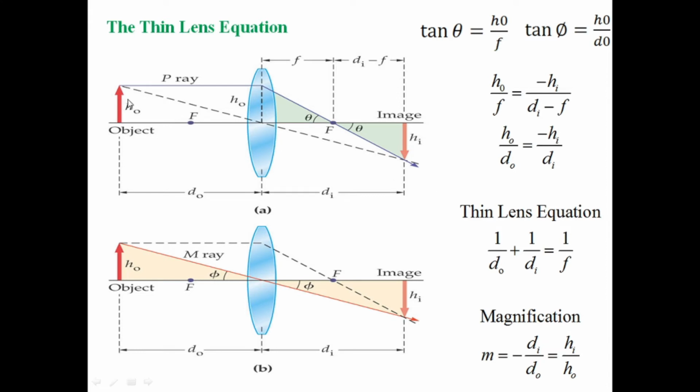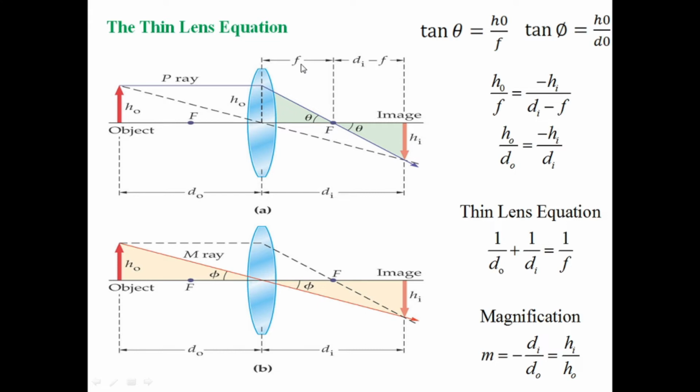Now if this is my h naught, the same dimension is also replicated here. If this is h naught, this is also h naught. According to basic mathematics, if I have an angle theta here, I will have the same angle here.